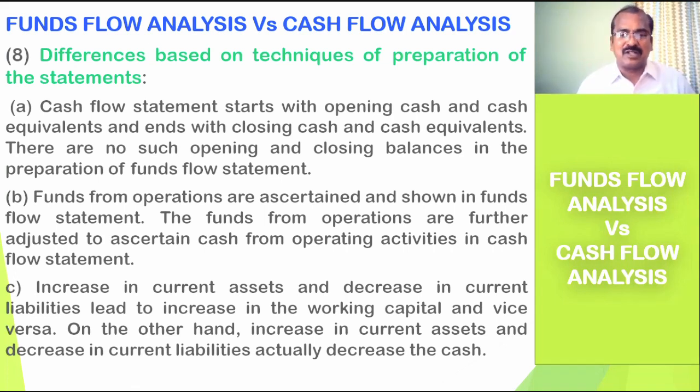But coming to the cash flow statement, this is not the case. Increase in current assets and decrease in current liabilities actually decrease cash. If you find the value of stock comes down, which is one of the current assets, you can understand that the stock is sold and cash has come in. So decrease in current asset leads to cash inflow. But whereas if you take the funds flow statement, decrease in current asset leads to decrease in working capital.